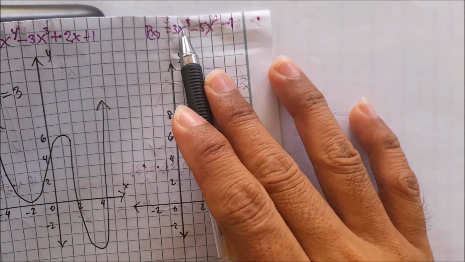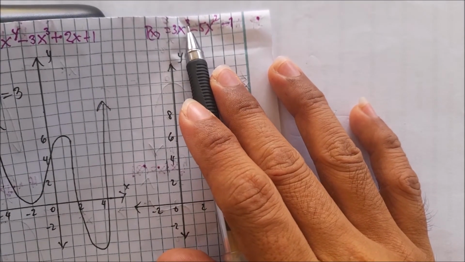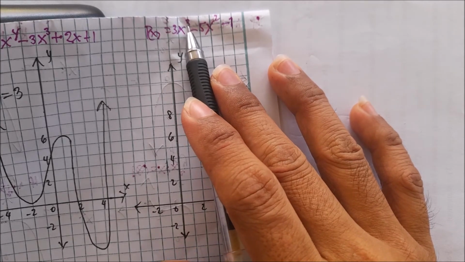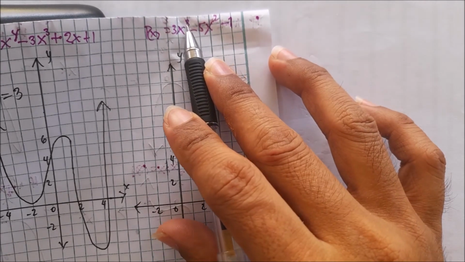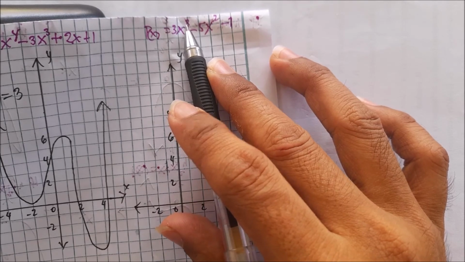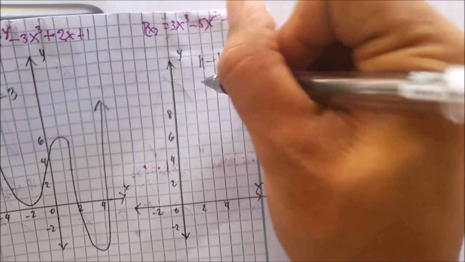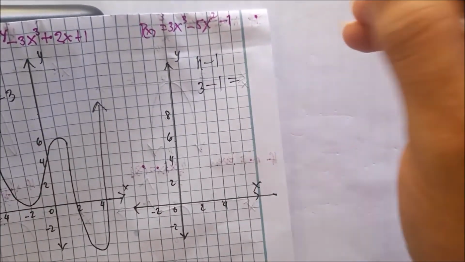The highest degree, or the exponent, is an odd number, which is 3. Since the degree is 3, n minus 1, 3 minus 1 equals 2.